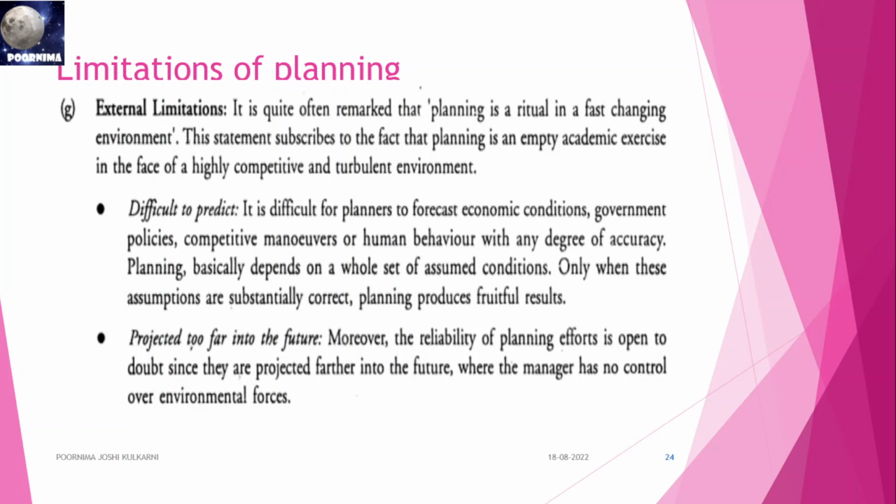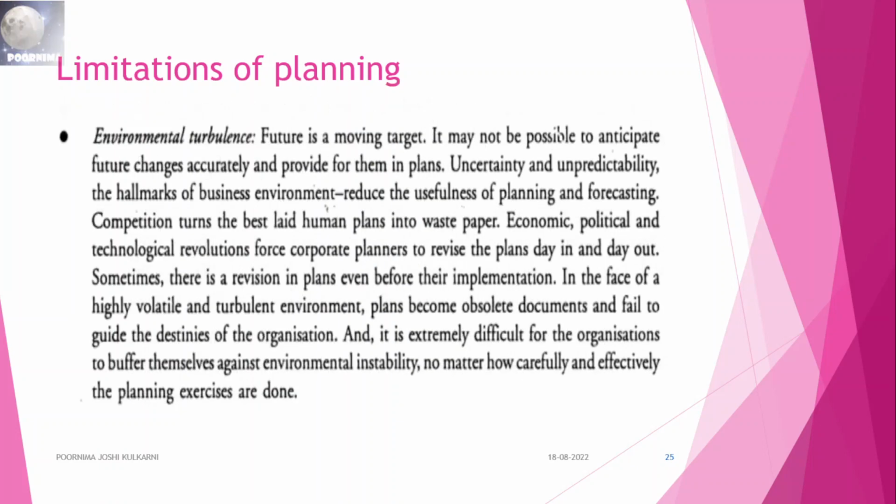Moreover, the reliability of the planning efforts is open to doubt since they are projected further into the future, where the manager has no control over the environment. Now, because of this heat wave in Europe, rivers have dried up. They are facing scarcity of water.